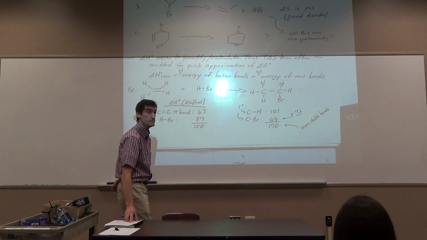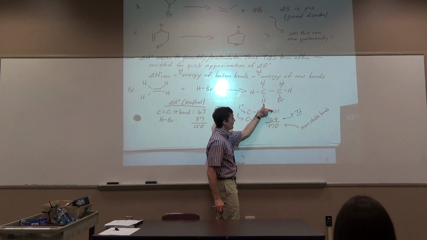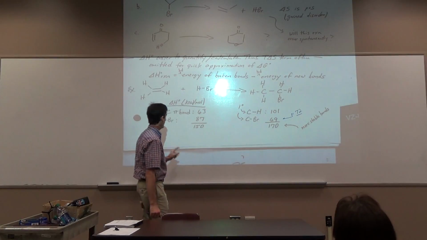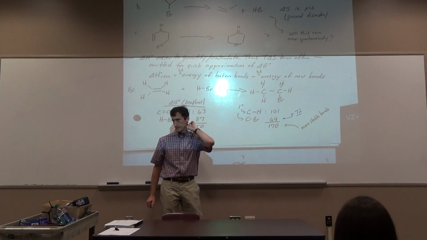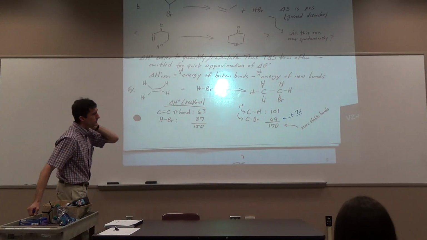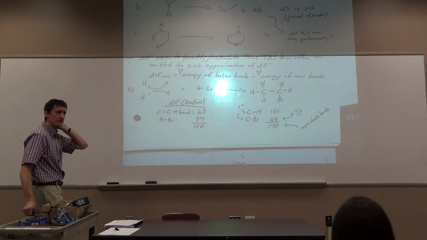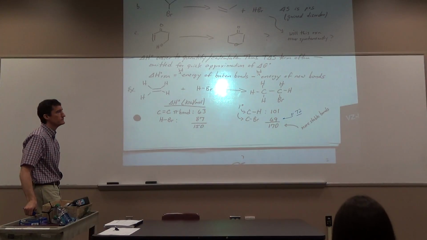It's 101, yeah? Okay. So this is what's formed. This adds up to 170. Okay? 150 versus 170. The difference in these two is 20. That's going to be your delta H. But is it positive 20 or negative 20? Positive 20 or negative 20?